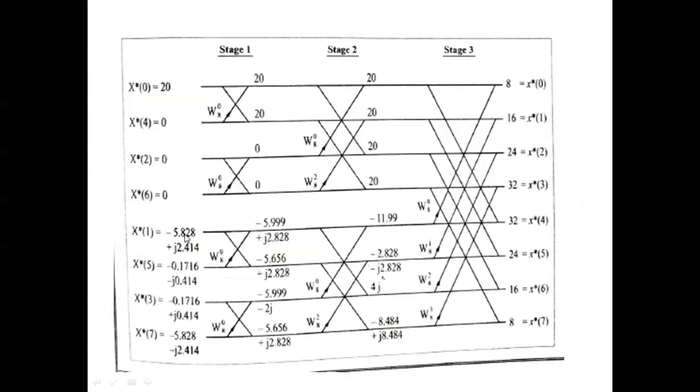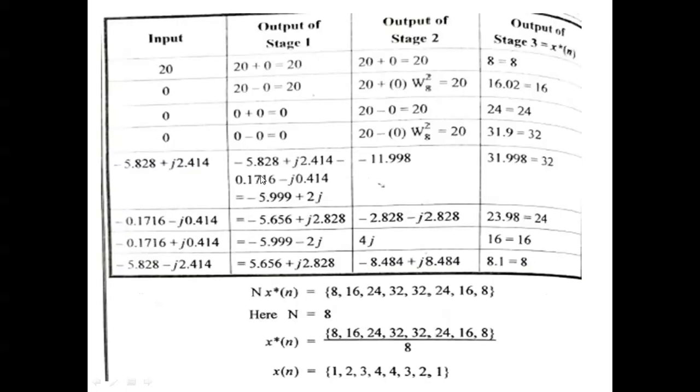Similarly here, A is this value and B is this value. A plus B, and the twiddle factor is 1 because anything to the power 0 is 1.